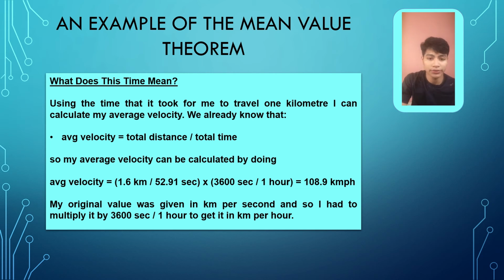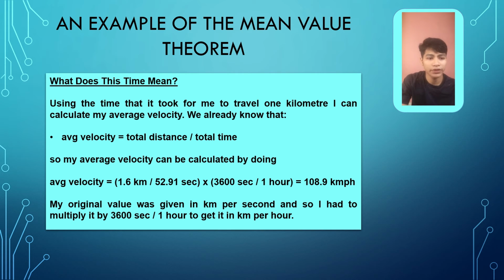What does this time mean? Using the time that it took for me to travel 1 kilometer, I can calculate my average velocity. We already know that average velocity is equal to total distance per total time.